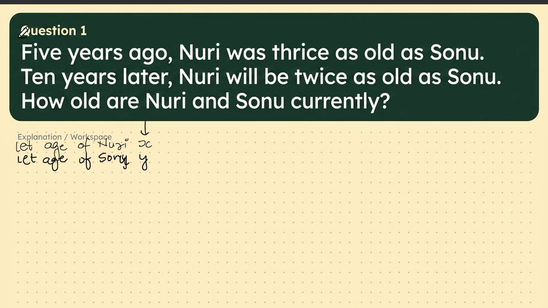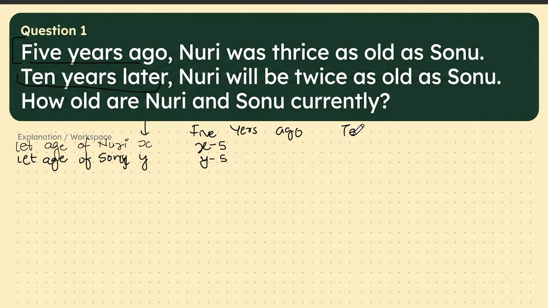Now look at the first statement. So first statement is about 5 years ago. 5 years ago means we have to subtract from the ages. Okay, so what is the age 5 years ago? The age of Nuri will be x minus 5, age of Sonu is y minus 5. Okay. Second statement is 10 years later.